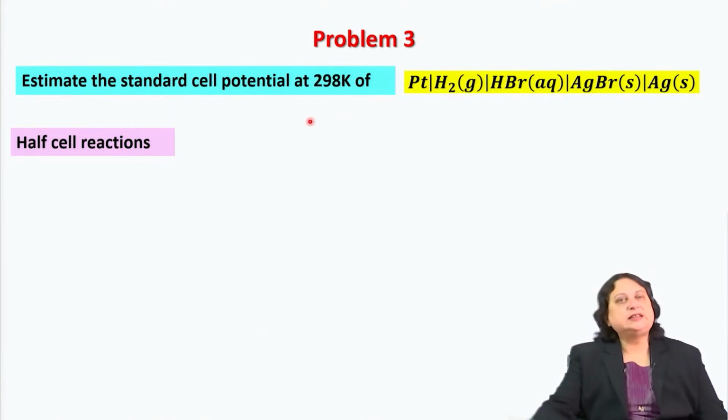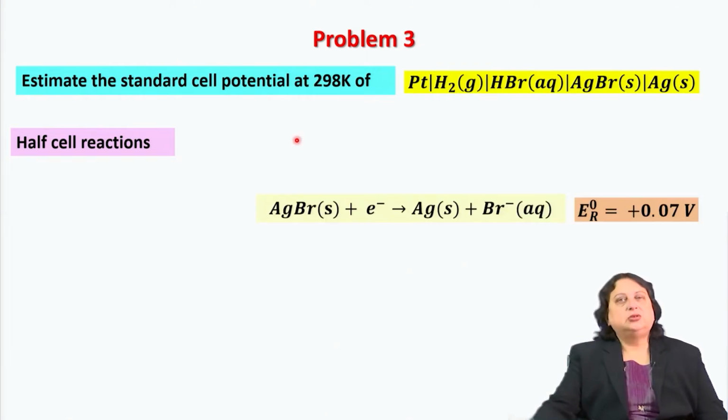As I said, let us start by writing down the half cell reaction. The first one is silver bromide solid taking up a single electron, giving rise to silver solid and releasing bromide ion in the aqueous medium.